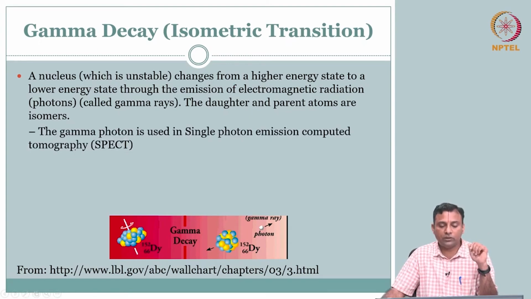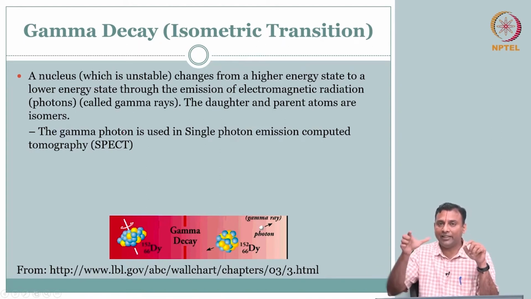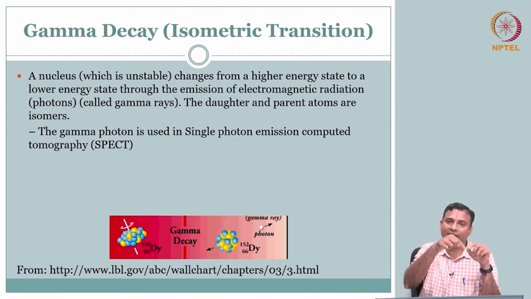Where it is used is in your SPECT, which is single photon emission computed tomography. The name is very suggestive: single photon is coming, radioactivity is emitting. We should know by now, we did X-ray computed tomography, where you catch from outside and then project and say where it came from.